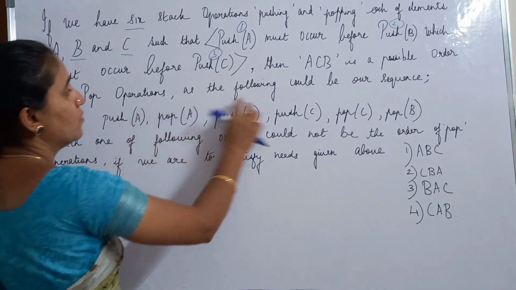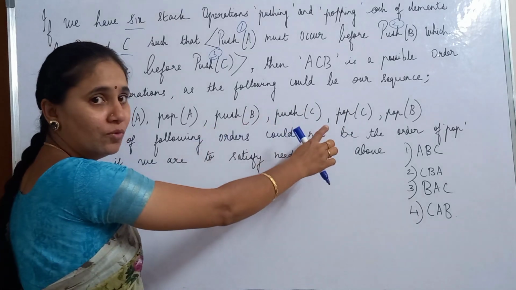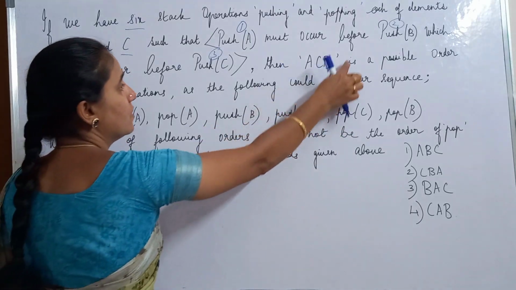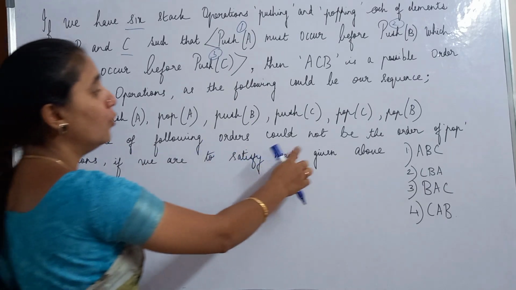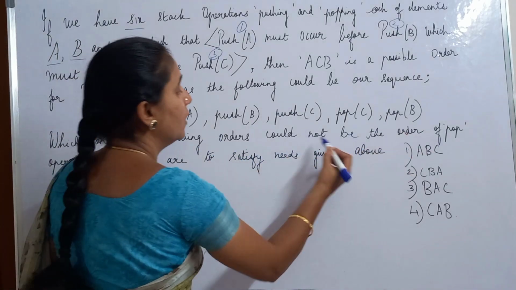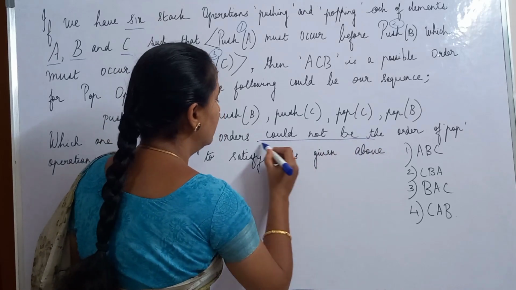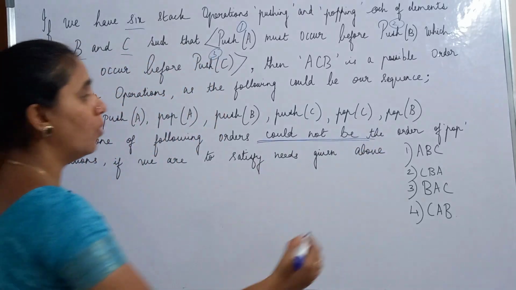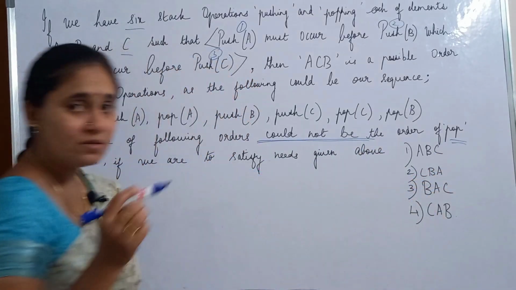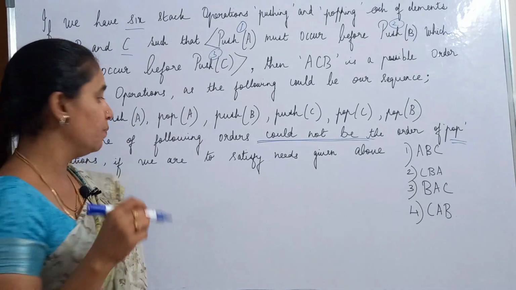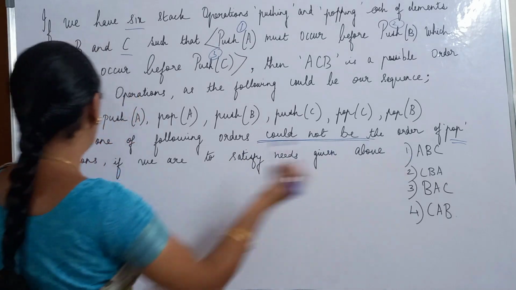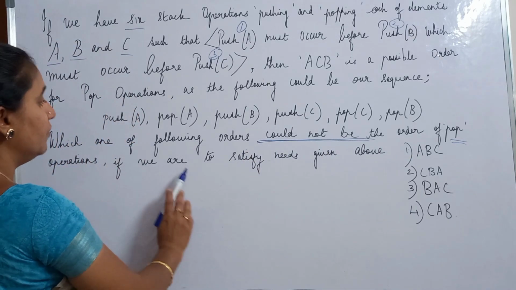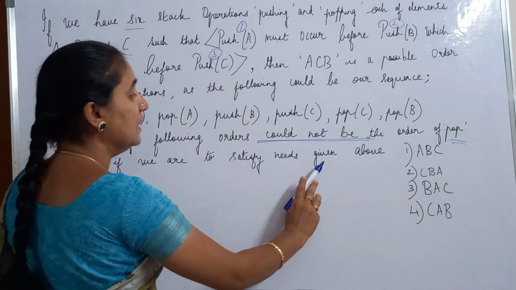As the following could be a sequence, if we follow this sequence we get this as the pop order. Which one of the following orders could not be the order of pop operations if we are to satisfy the needs given above?